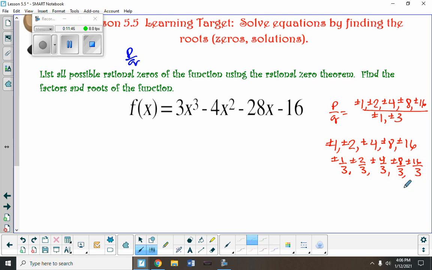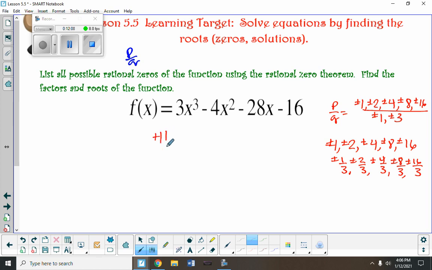All right, so now some of those, we're going to have 3 answers to this, and we'll talk about that in a little bit here. But out of this list, there are 3 answers. So to figure out what they are, we're going to start by just dividing in until we find out what goes in evenly. Because remember, factors will divide evenly in, and there is no remainder.